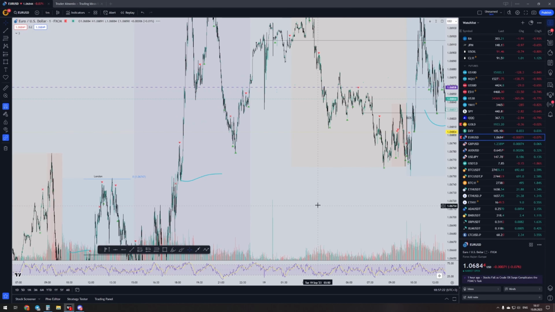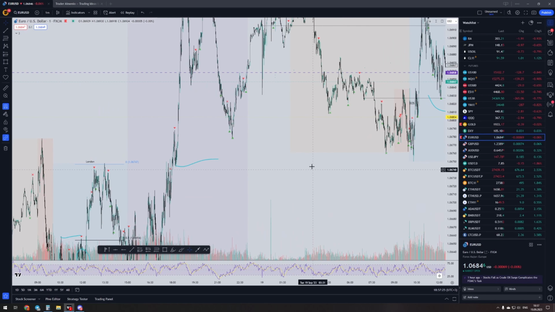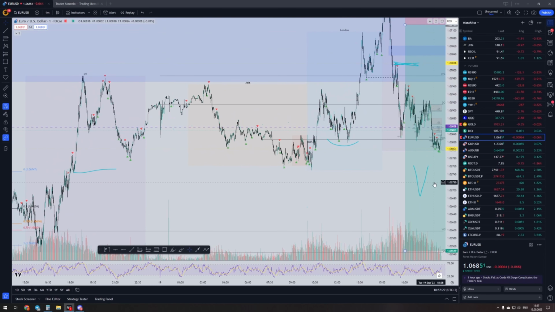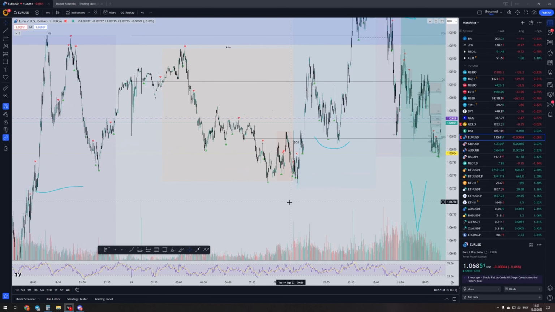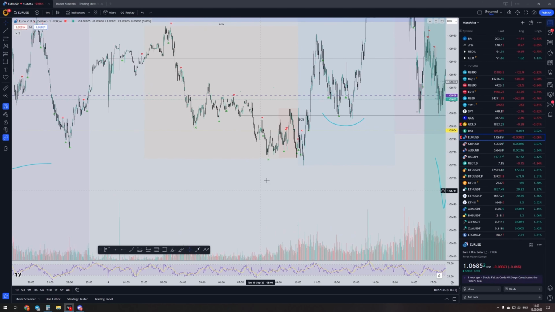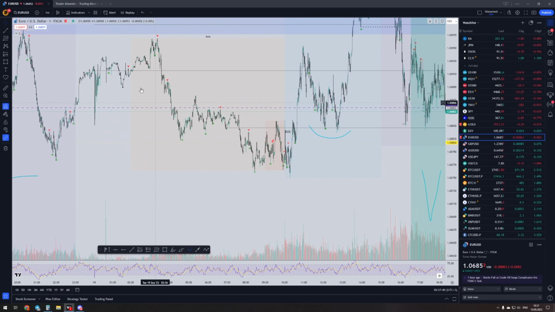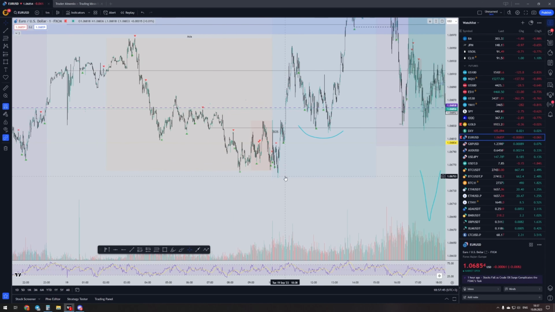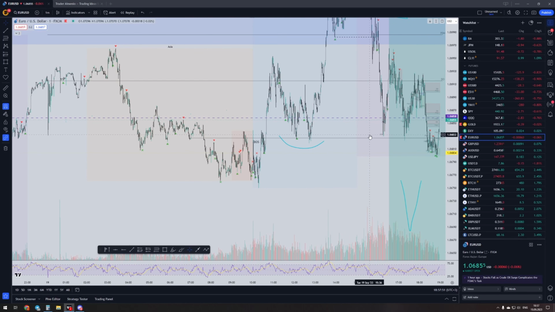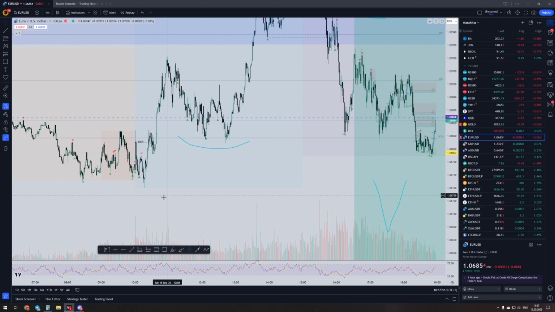Also, as you can see, we got a liquidity grab. It wasn't the previous daily low or previous weekly low or monthly low, but we had liquidity from the previous session. On the Forex market, this is what usually happens. We build liquidity in the previous session, and then we grab it in the next session, London or New York, and go in the opposite direction. This is what happened here.